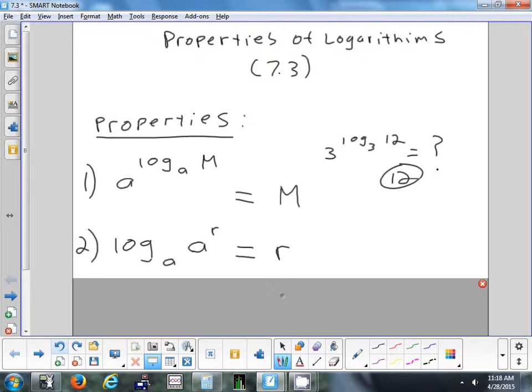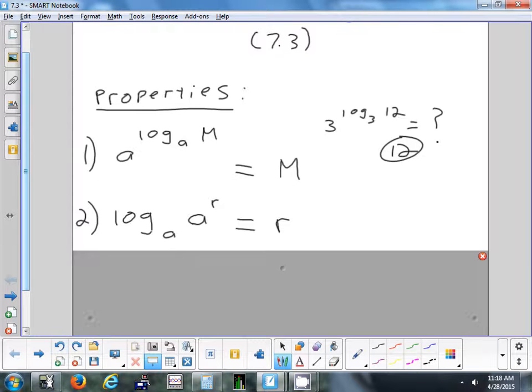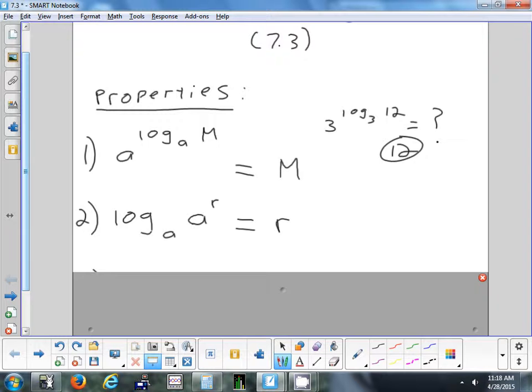Okay, here's another special pattern. An example of this might be log base 5 of 5 to the 8th power. In this case, you've got something else that's matching up, but it's the base on the log and the base on the argument.